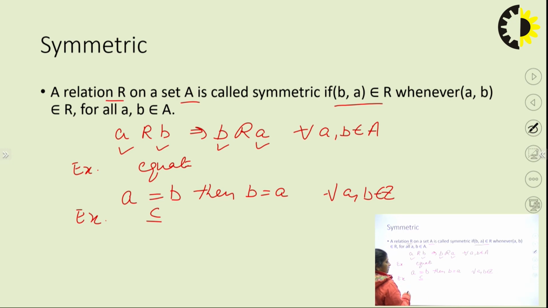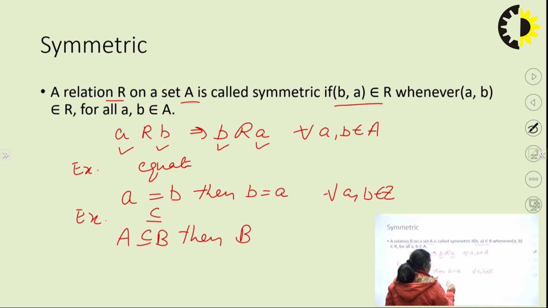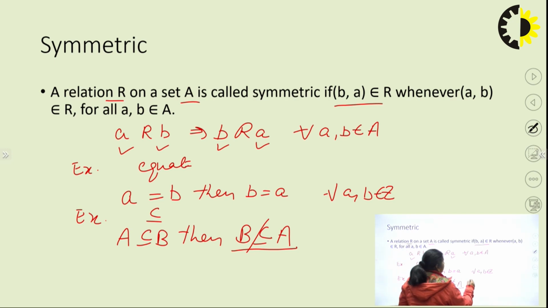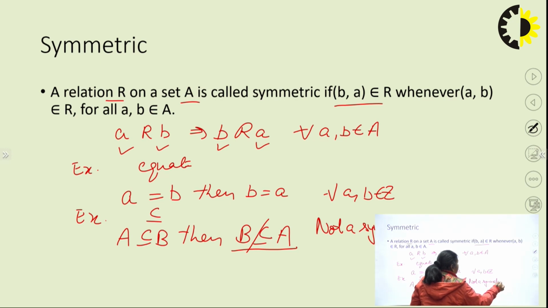If A is a subset of B, then it is not necessary that B will always be a subset of A. So this is not a symmetric relation.